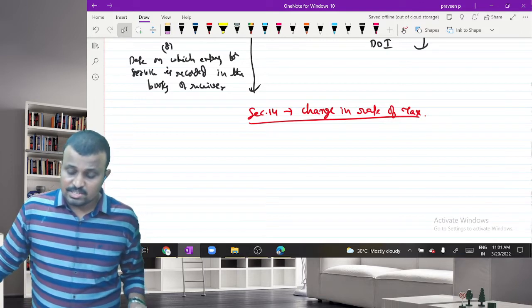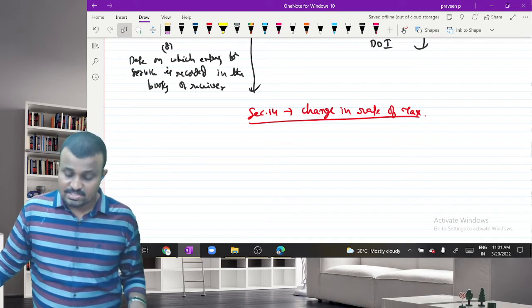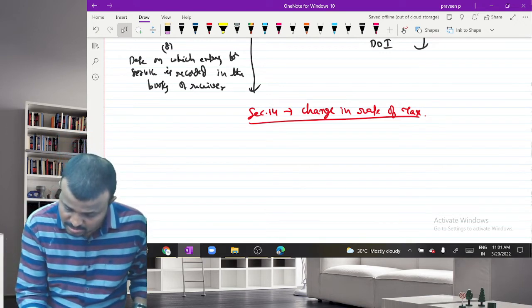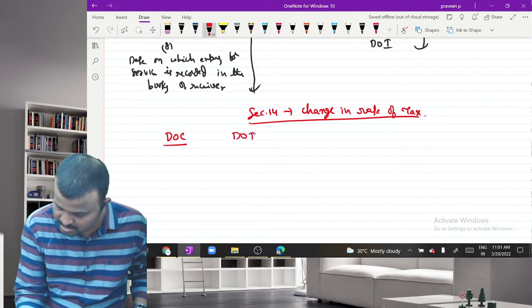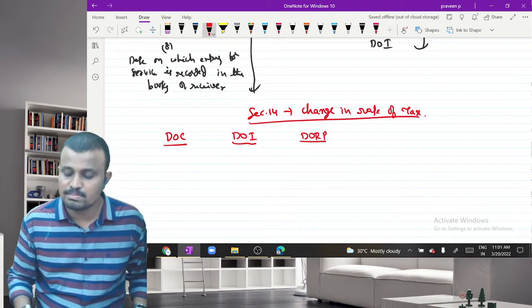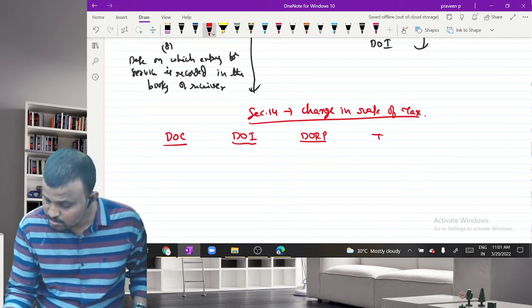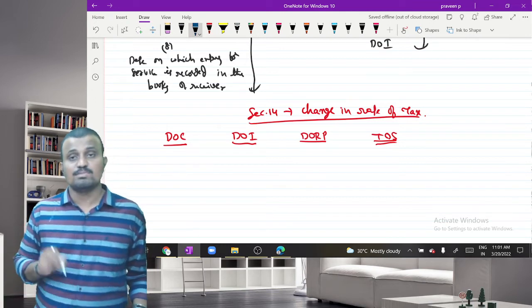Here generally for this purpose, three elements are considered, that is nothing but what? Date of completion of service, date of invoice and date of receipt of payment. And based on that, we are going to discuss what is the time of supply.